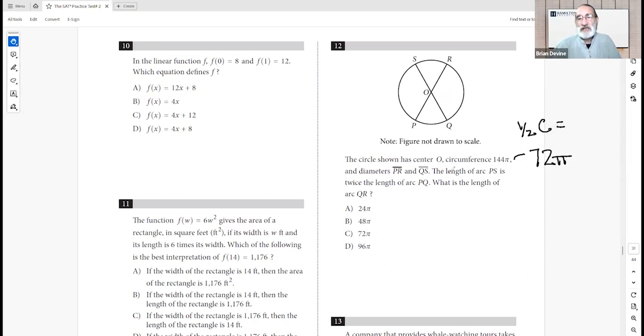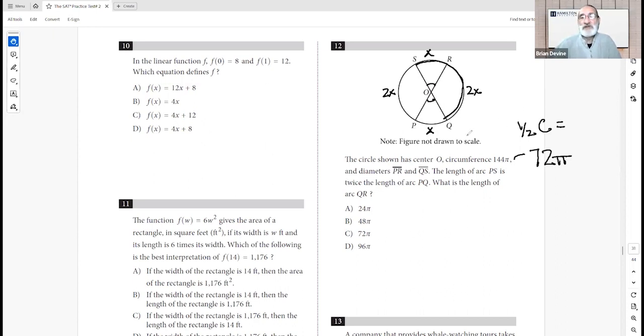And they said the length of arc PS is twice the length of arc PQ. So if I call this X, then this has to be 2X. And note that this angle and this angle are the same. So this has to be X and this has to be 2X. And half of the circle would be 3X.